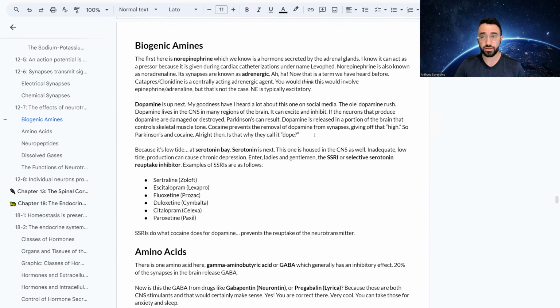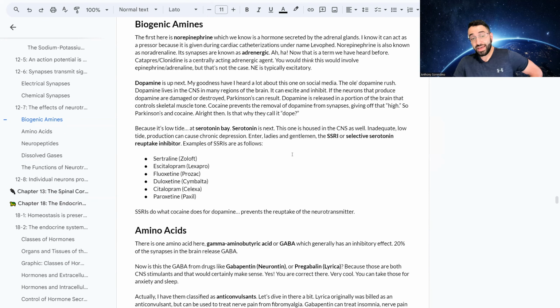If it's inhibited, you're going to lose control over your muscles, hence Parkinson's and the tremors that can result. The interesting thing is that cocaine prevents the removal of dopamine from synapses. So it's kind of like the opposite of Parkinson's. I would think you have even more control over your muscles, which is kind of interesting. So it gives off that high. So just remember, dopamine is the one that's involved with Parkinson's and cocaine.